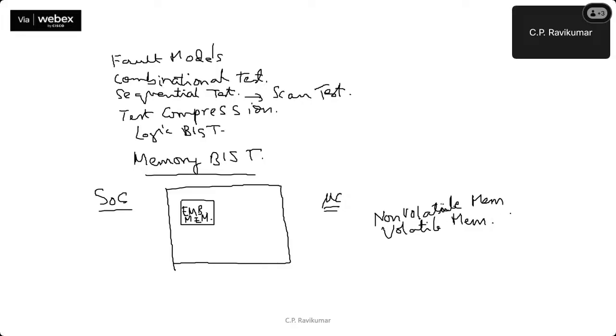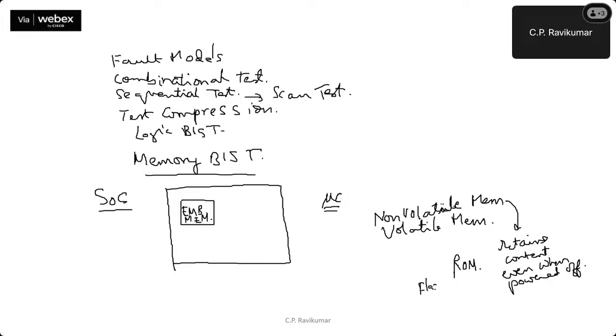It retains its contents even when power is removed. For example, a ROM is an example of such a non-volatile memory.